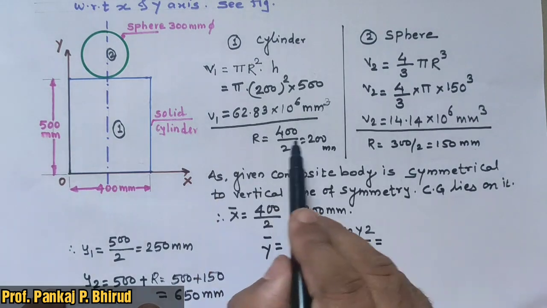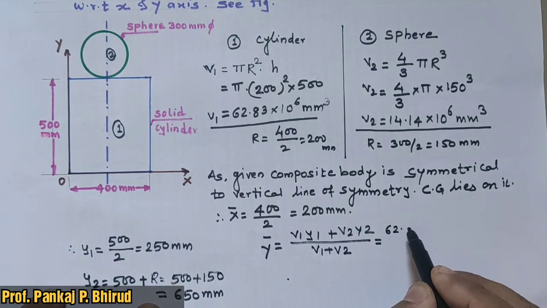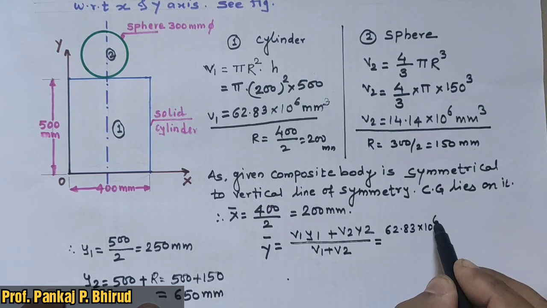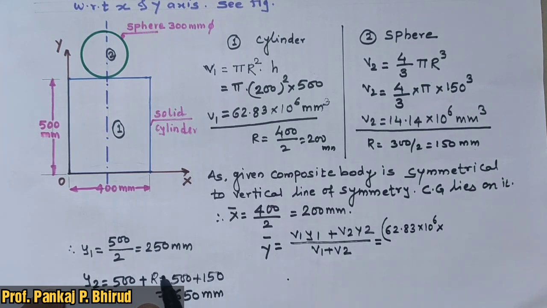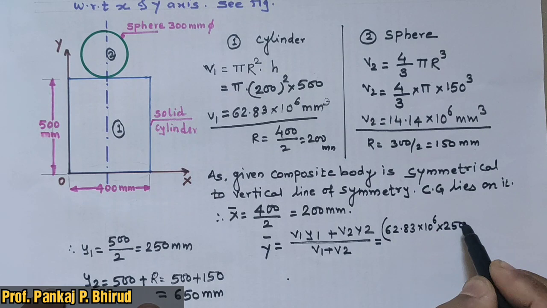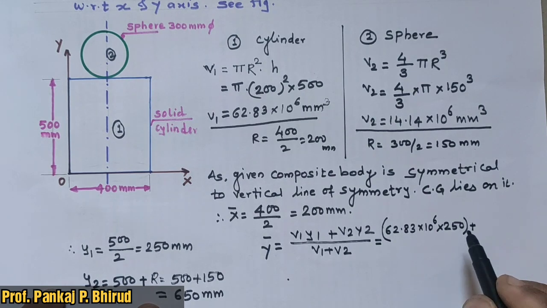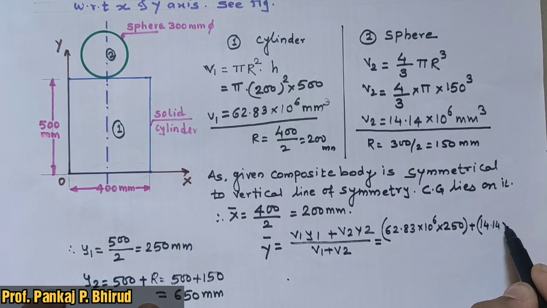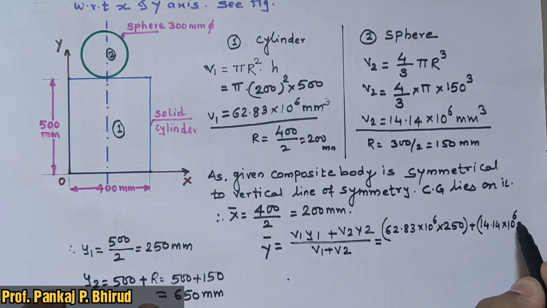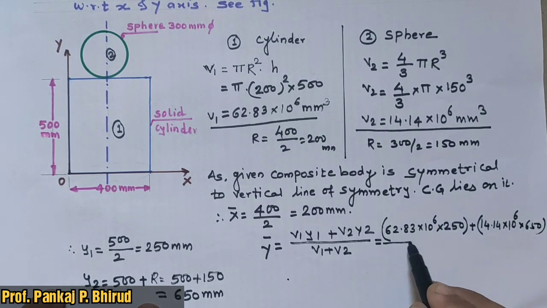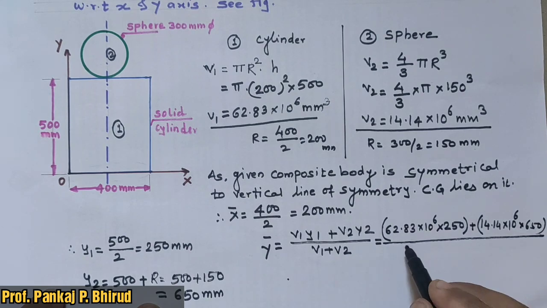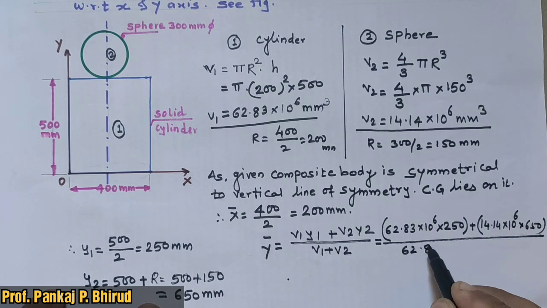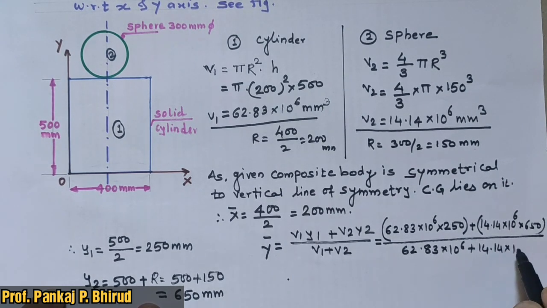So v1 is 62.83 into 10 raised to 6 into y1, which is 250, plus v2, which is 14.14 into 10 raised to 6 into y2, which is 650, upon v1 plus v2, that is 62.83 into 10 raised to 6 plus 14.14 into 10 raised to 6.